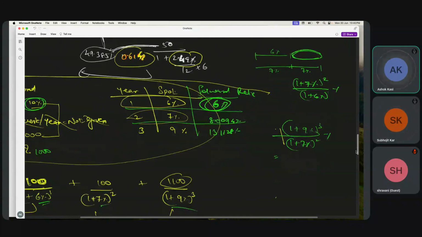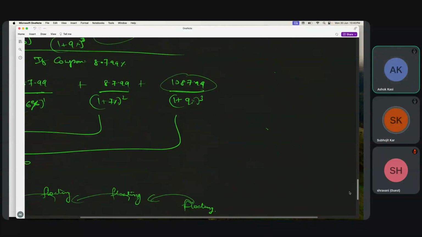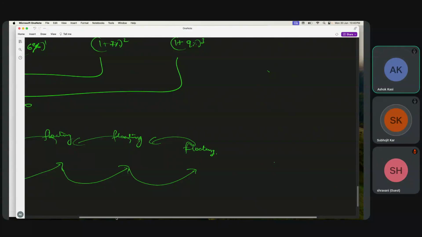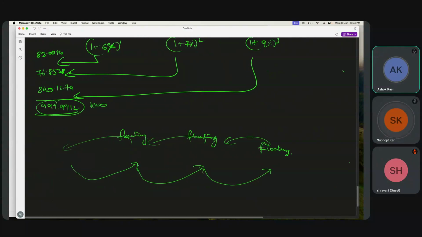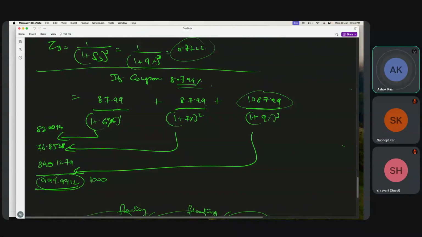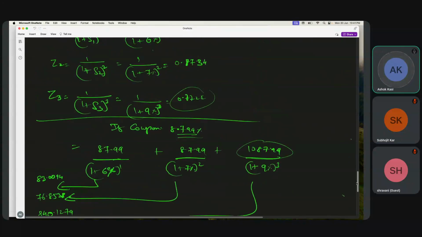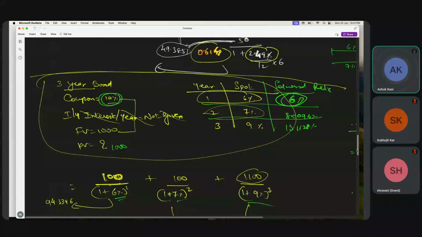So if we are entering into an interest rate swap, you know how the deal will happen. The fixed rate guy will say, look, I will pay you 8.799 percent. And for the floating rate, I will receive initially 6 percent.